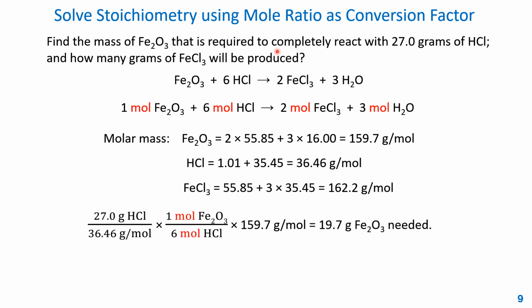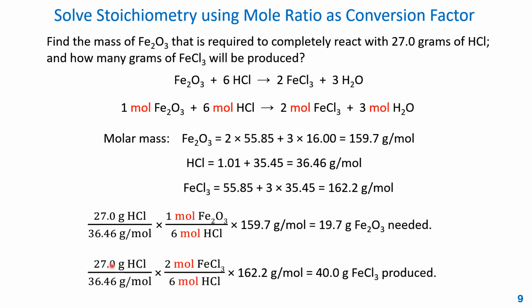And the other question, how many grams of the iron(III) chloride will be produced? We still have the same given condition, 27 grams of the hydrogen chloride over molar mass, that's the same, but now this mole ratio is different because now we need to calculate iron(III) chloride. So the mole ratio will be 2 to 6.